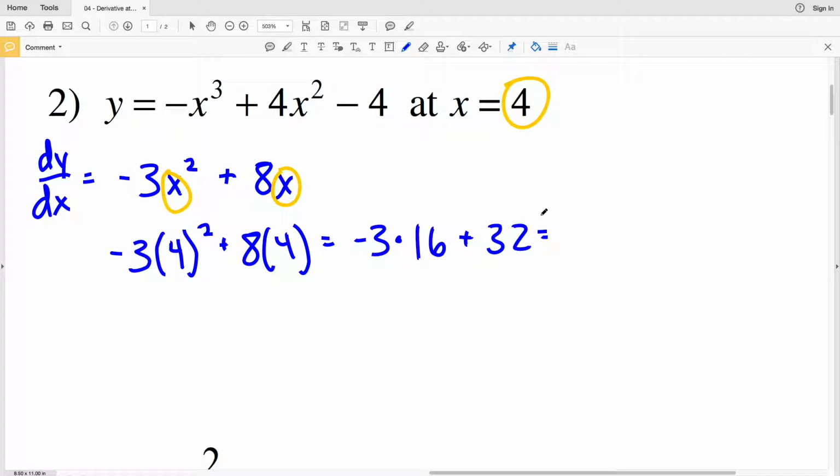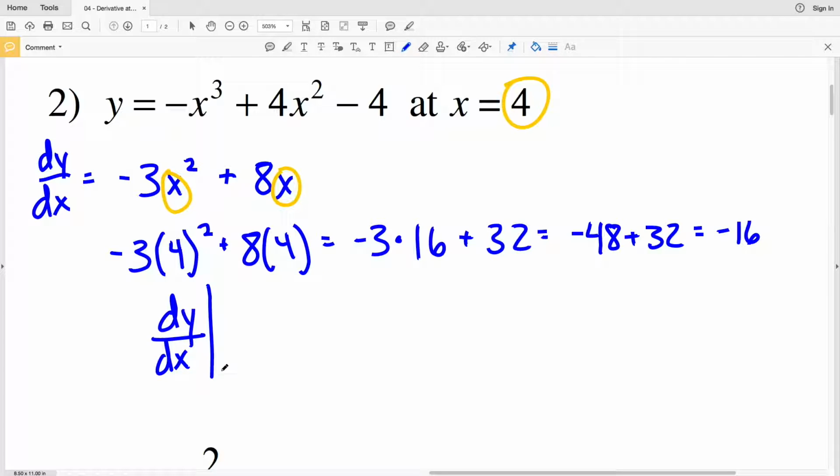Negative 3 times 16 is negative 48, and when we add that to 32, we get negative 16. So the derivative of y with respect to x at x equals 4 equals negative 16.